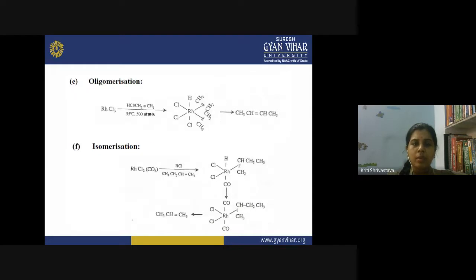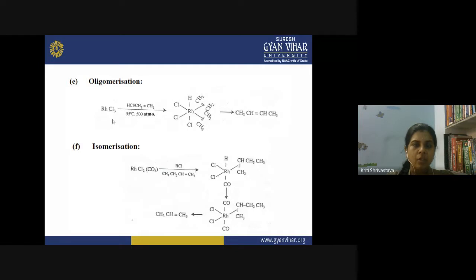Now, moving forward, we have the oligomerization reaction. In this reaction you can see an oligomer, which is formed when two alkene molecules get added over each other.